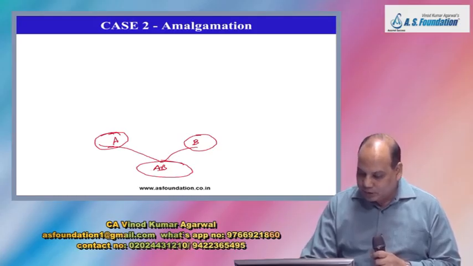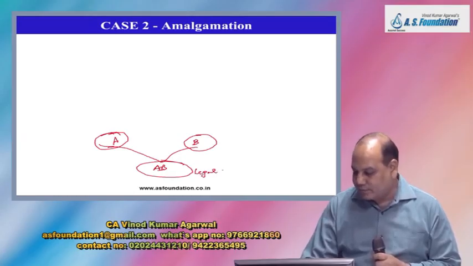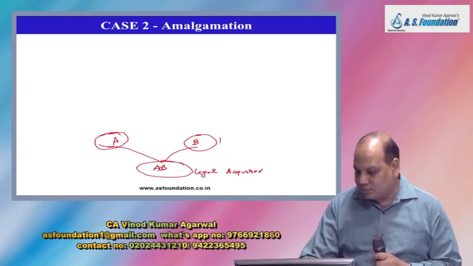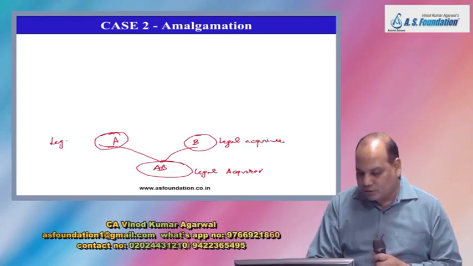And after this, who is the legal acquirer here? AB. B is legal acquiree. A is legal acquiree.